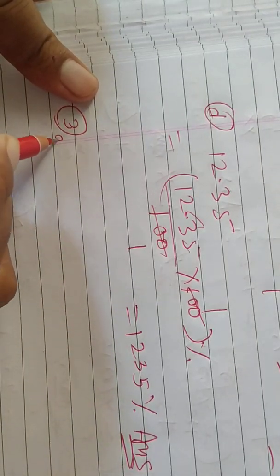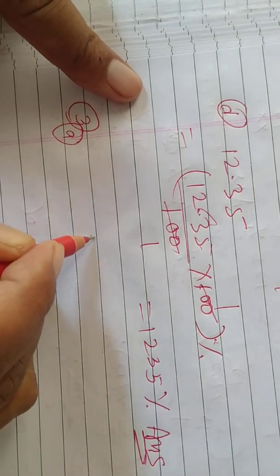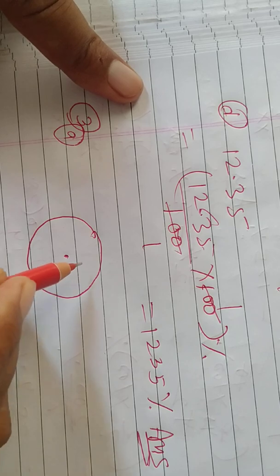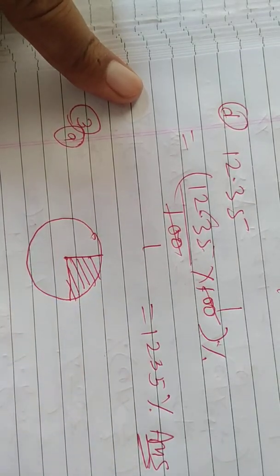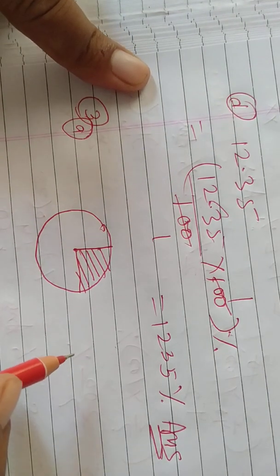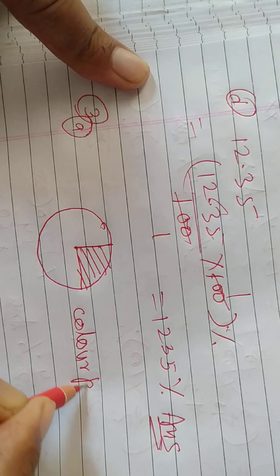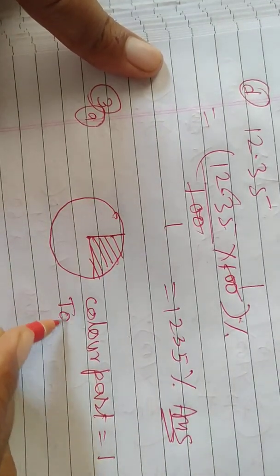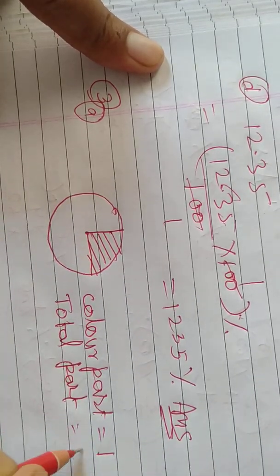So figure A, I am drawing this part first. This part is colored. So how many parts are colored? 1. So we write colored part 1 and total part equal to 4.